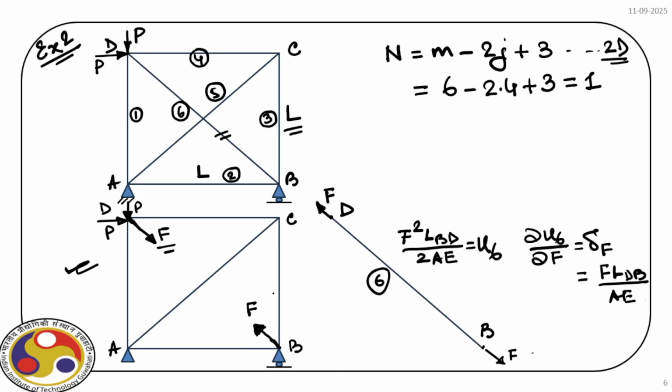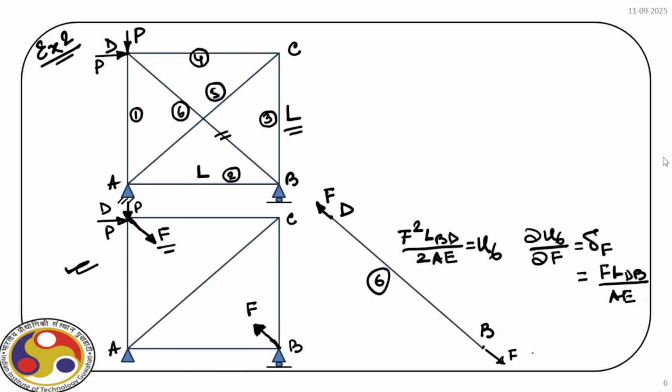So this is U6. Now for the remaining truss, we can find out the strain energy stored, right? So if we do that, we have the total strain energy stored in the structure is summation of all Ui, i ranging from 1 to 5.